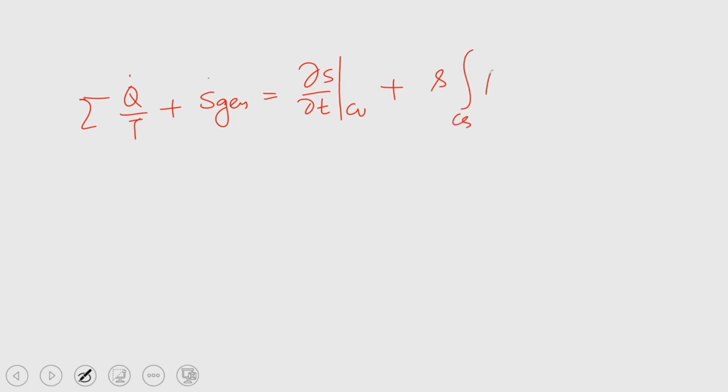Before going to that, we can write Q dot by T plus S dot gen equal to dS/dt of the control volume plus the integral over the control surface of s rho V relative dA. What about this quantity? You know that this quantity is nothing but the mass flow rate.